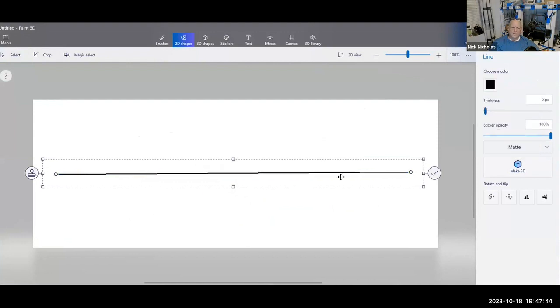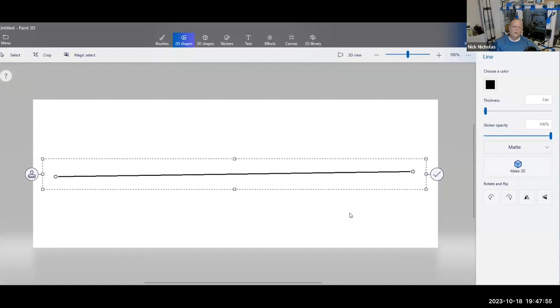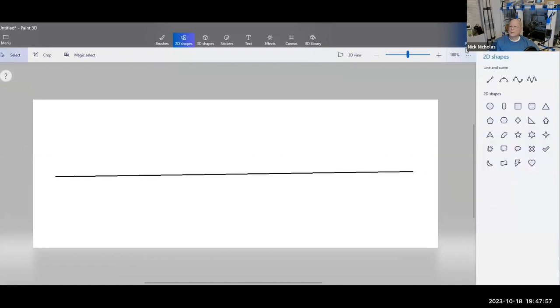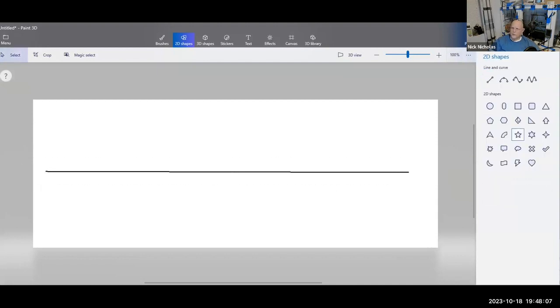This line is supposed to be a straight line and represent 0. I don't know if I can correct it or not. It's close enough. No, it's not. Sometimes these things just don't cooperate. See if we can get a straight line across. That's close enough.